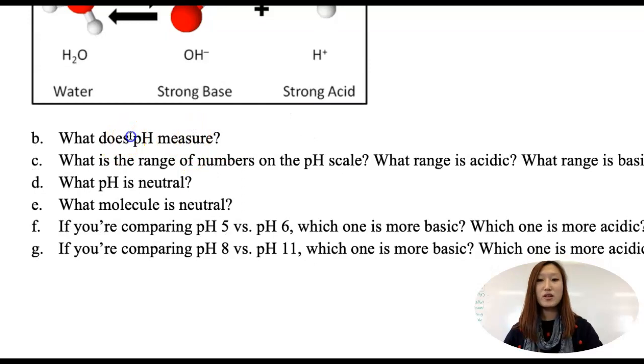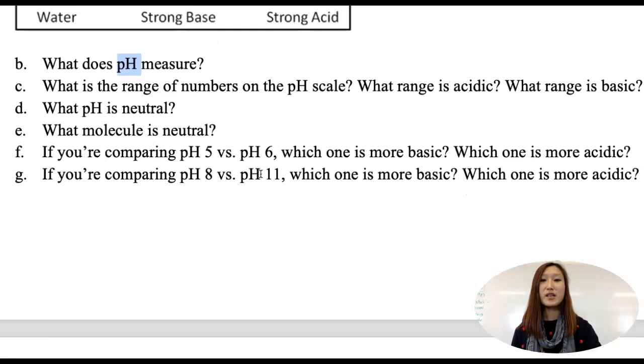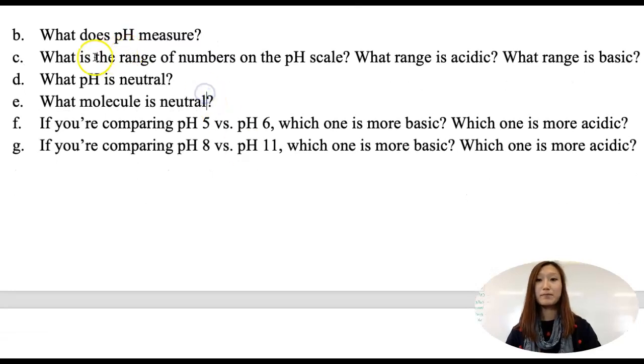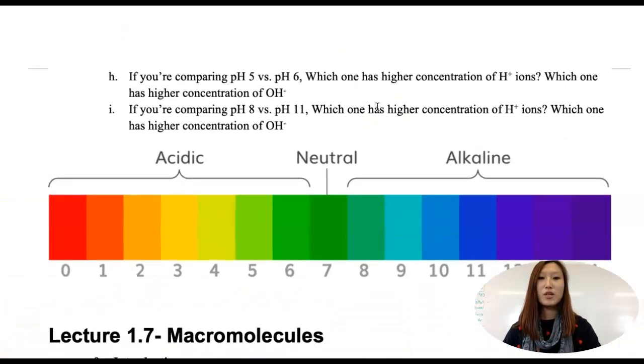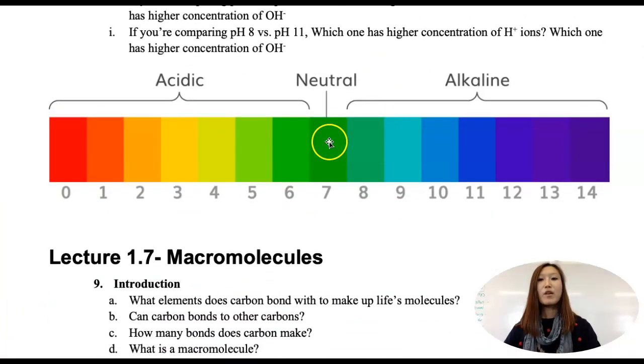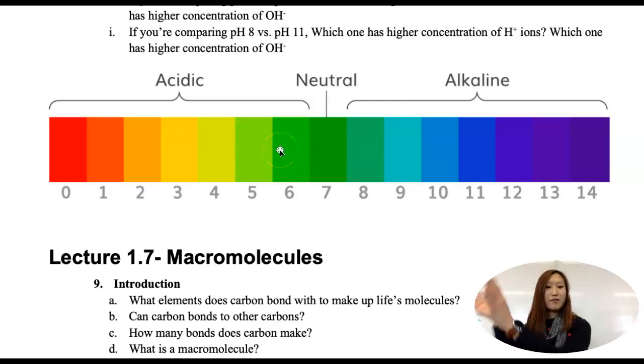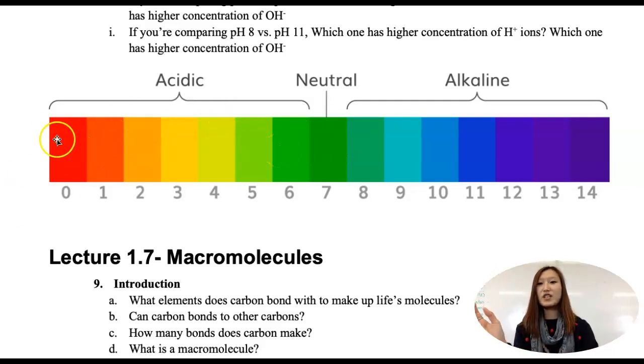So pH has H in there, so pH actually measures the concentration of hydrogen ions. We represent the pH of a solution from 1 through 14. So when you look at this picture right here, the more you are on this side of the picture, the more acidic the solution is, and the higher the number is, the more basic this solution is.